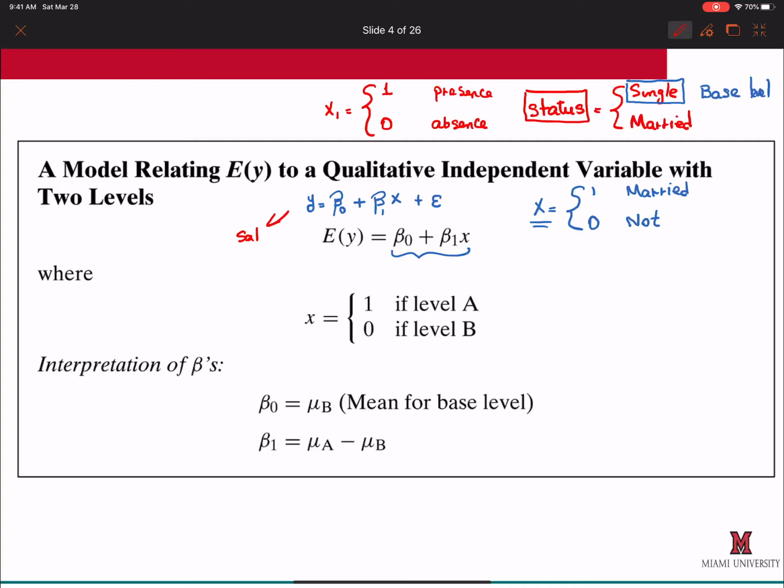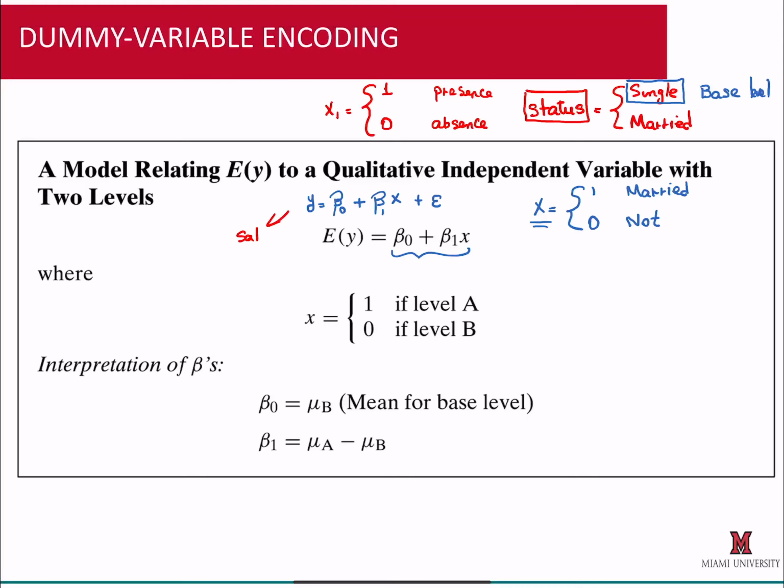We have to encode it into a numeric value. Using dummy variable encoding, we select the base level and then create dummy variables for the rest of the classes. In this case, x is equal to 1 if married, and x is equal to 0 if not.